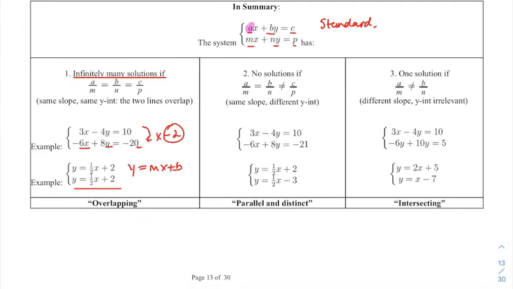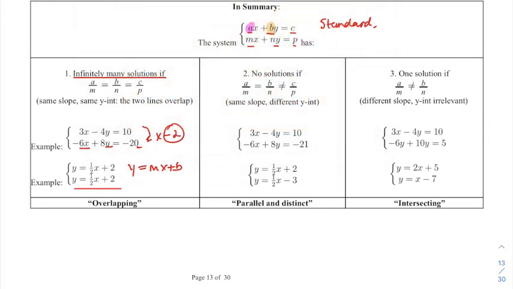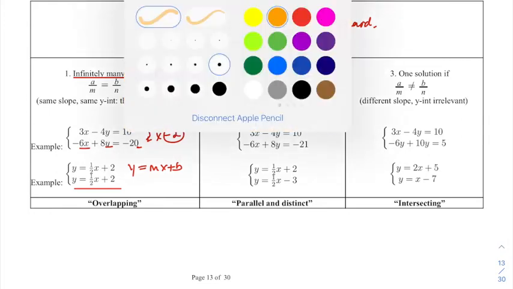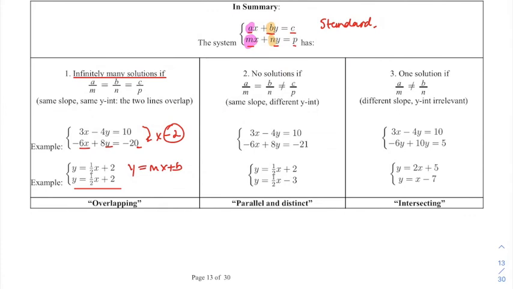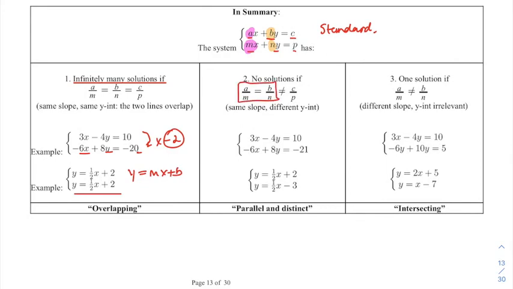Now, for no solutions, these coefficients here, a and m, and b and n, tell us about the slope of the line. So if those ratios are the same, the slopes are going to be the same. Now this last one here, the C and the P, if that ratio is the same as the other two, then we're in the infinitely many solutions case, meaning they're overlapping.